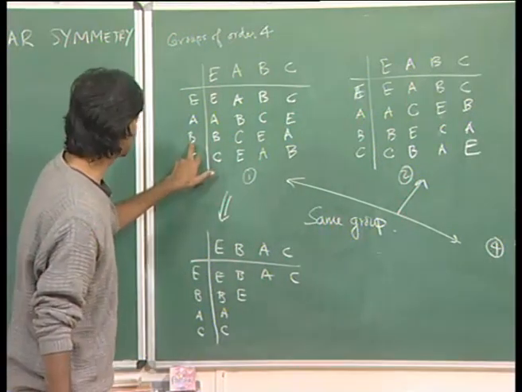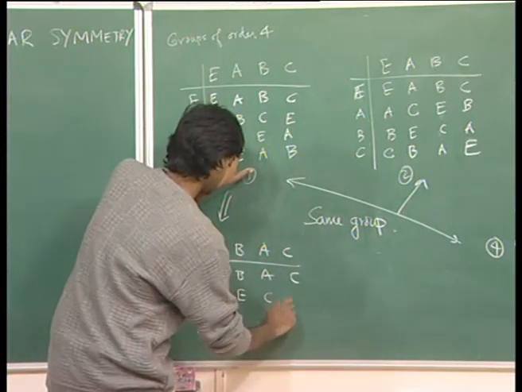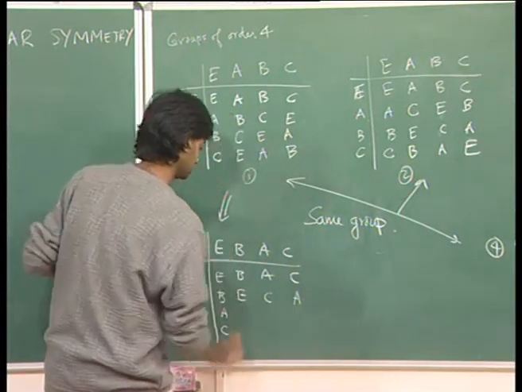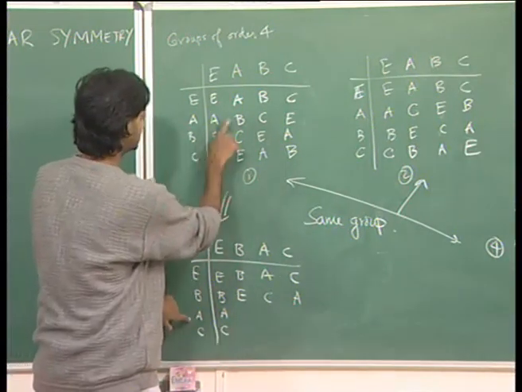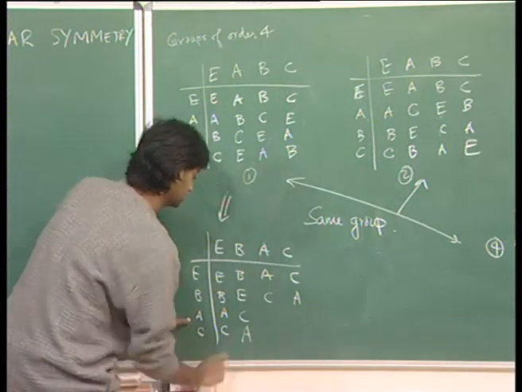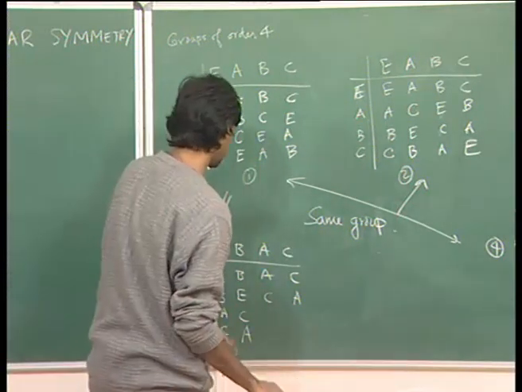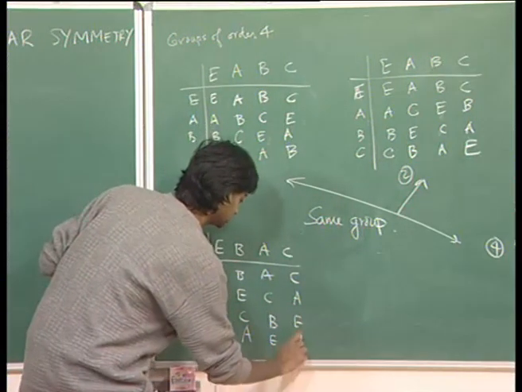B times A is C, so I have C and A. A times B is C, A, and then what I'll have is B, E, B.